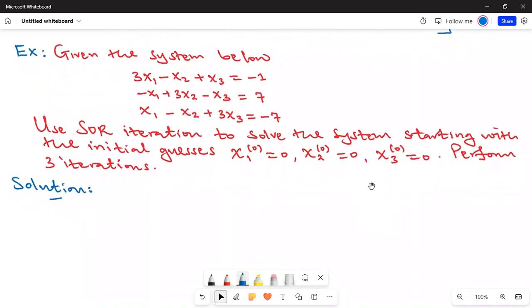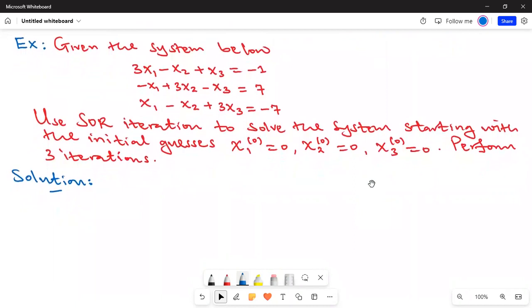So let's see how to go about this problem using the successive over relaxation method, or what we are calling the SOR method. Now there are two methods that you're going to use. The first one, method 1, is that first of all you express the given system in form of Gauss-Seidel iteration.